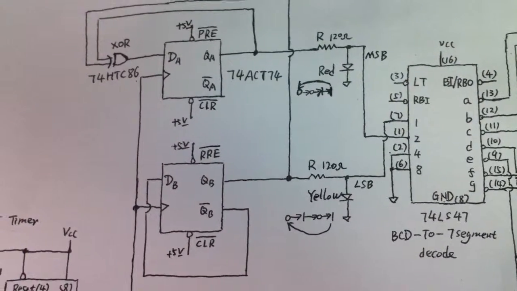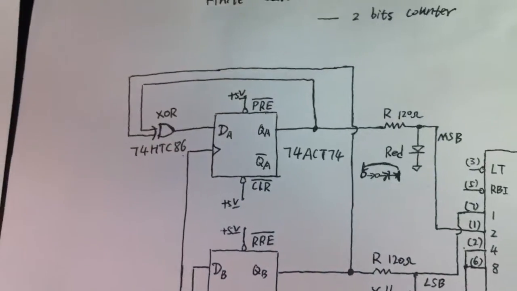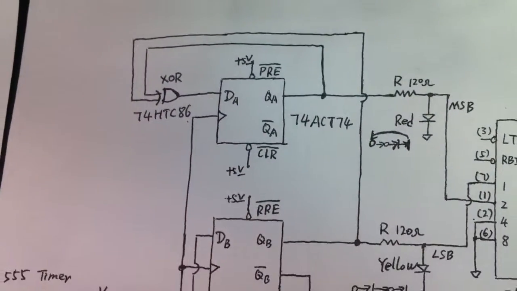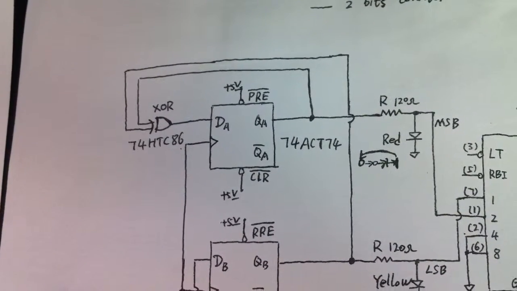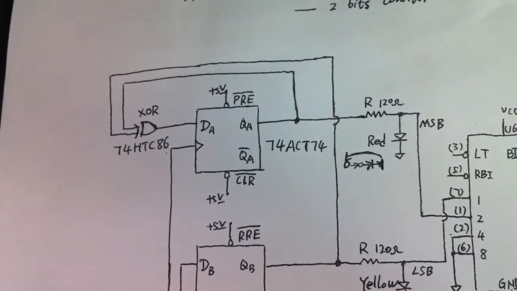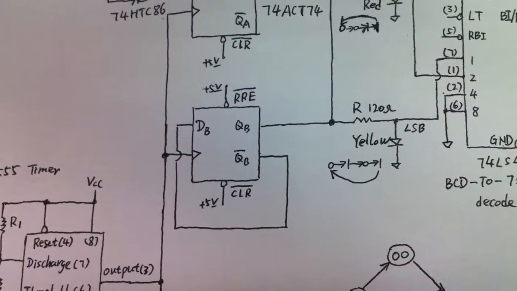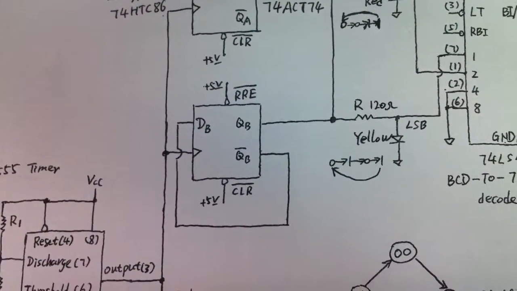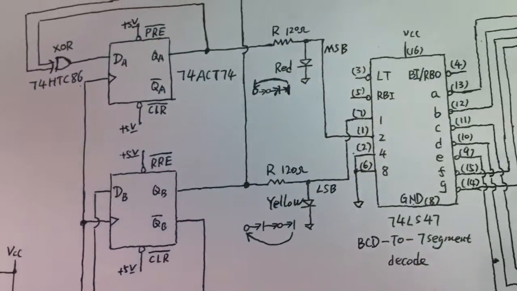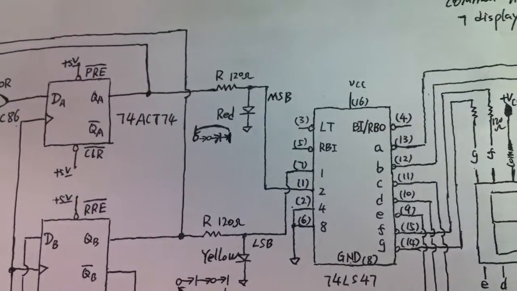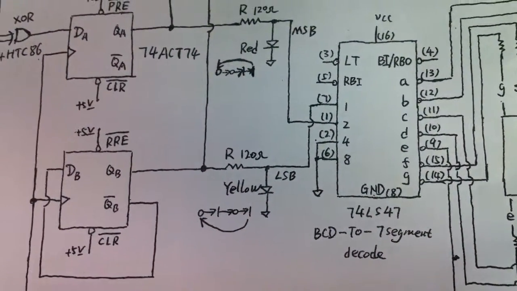The outputs of the D flip-flop, QA and QB, connect to the inputs of the exclusive OR gate. The output of the exclusive OR gate is the input for DA, and the QB NOT output is the input for DB. Also, we set the output QA as the most significant bit, QB as the least significant bit.